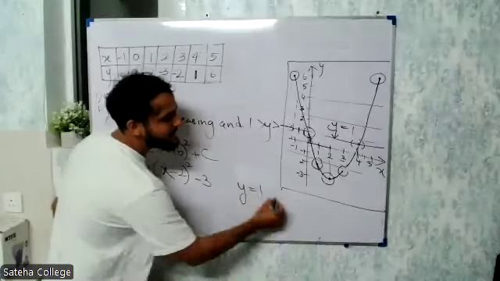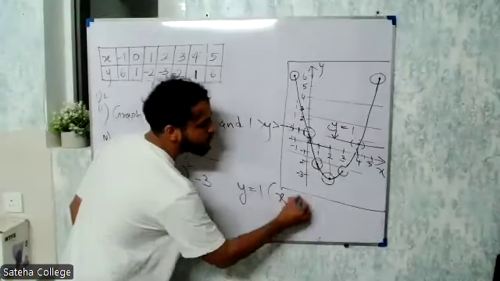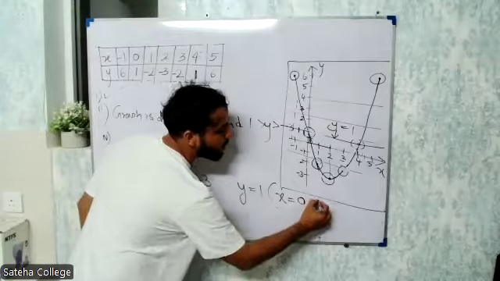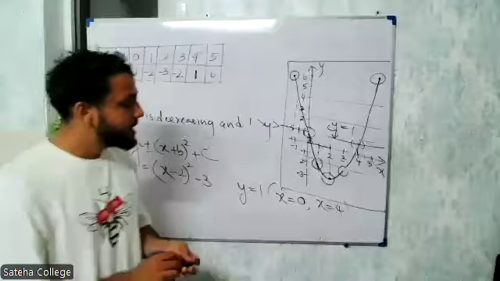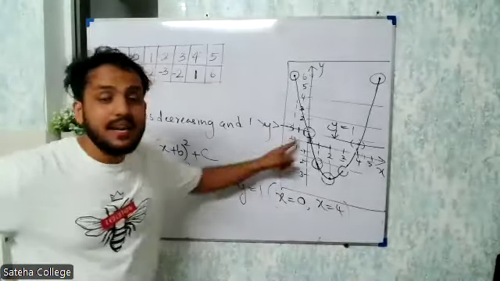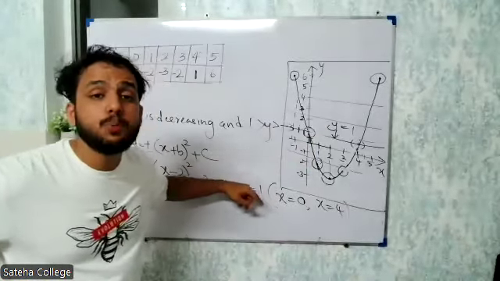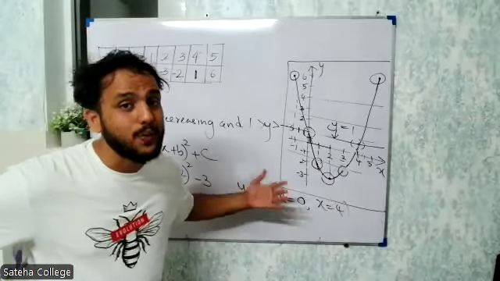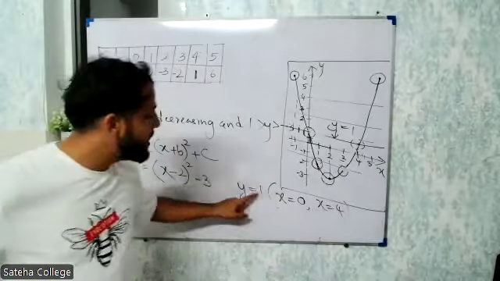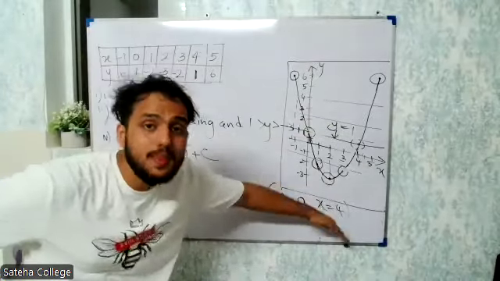When y is equal to 1, what are the x values? One x value is 0, the other x value is equal to 4. So can it be equal to 1? If it is equal to 1, x is 0. We need positive values. So definitely it should go below this.